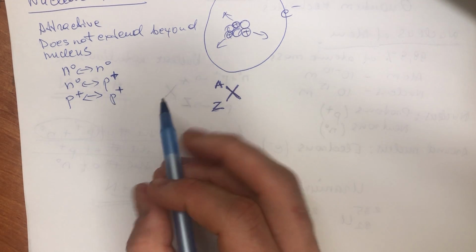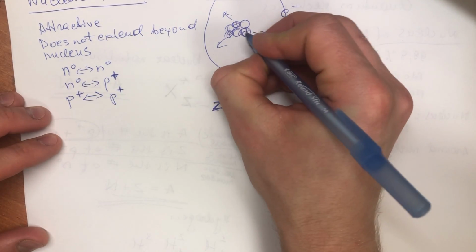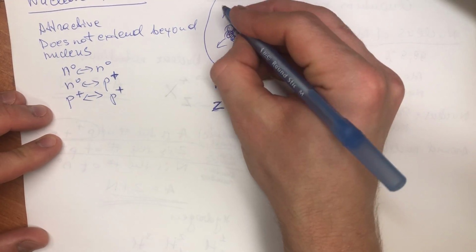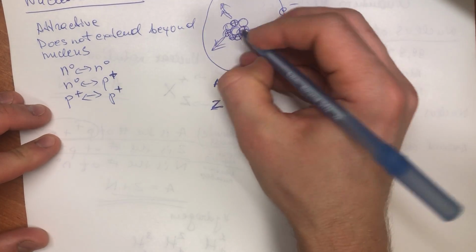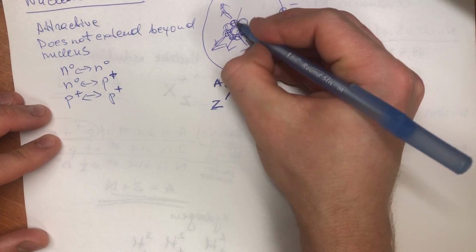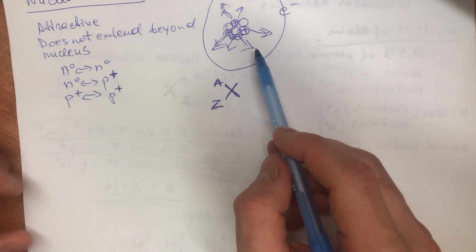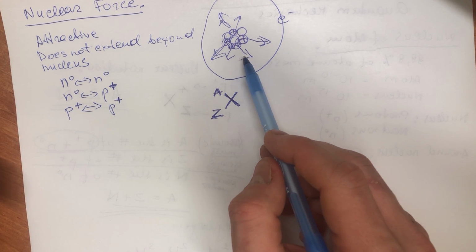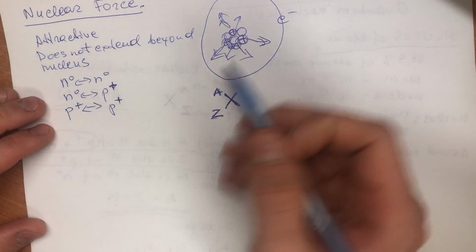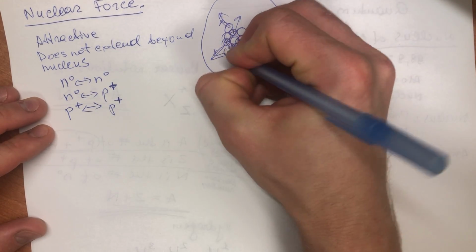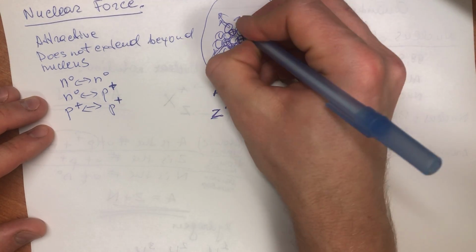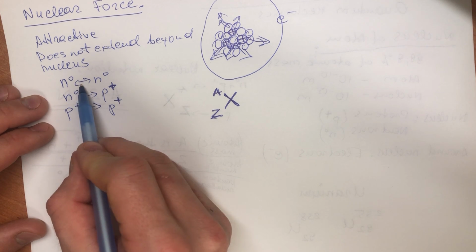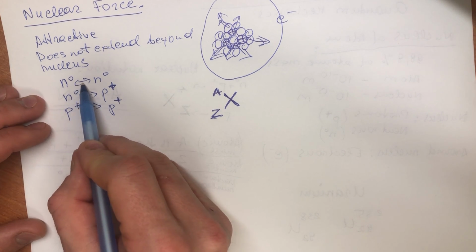Why? Because when there are more protons with plus charge, the forces pushing them far away from each other become so large that it needs more and more neutrons to hold them together, because neutrons provide nuclear force, not electrostatic or electric force.